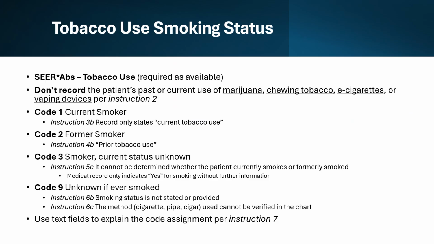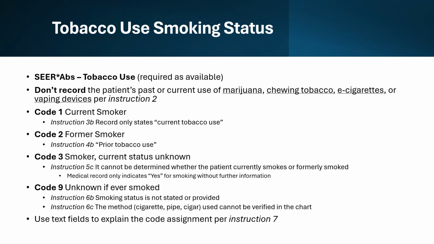For the data item tobacco use smoking status, this is the same as the STORE 2024 instruction. In SEER ABS, this data item is labeled as tobacco use, and for SEER, it is required as available.